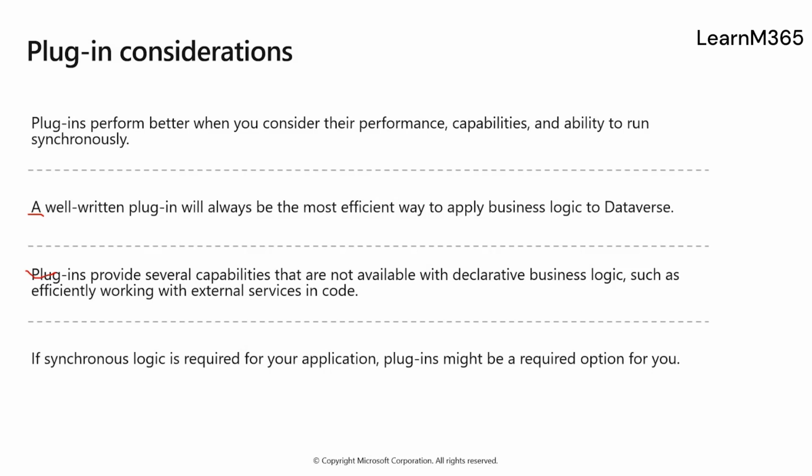If synchronous logic is required for your application, a plugin might be the required option for you. However, an on-demand workflow can also run synchronously and should be considered depending on your requirement. So these are some points to think about. Here you should go for a plugin, but make sure you write a well-written plugin so that it does not negatively impact your application.